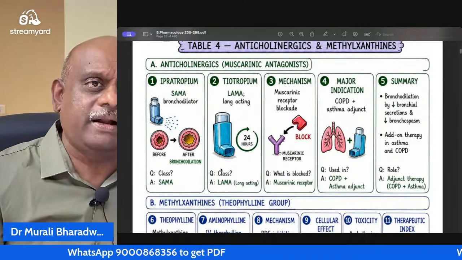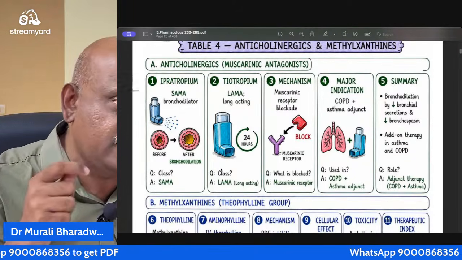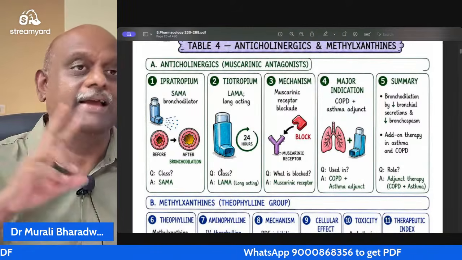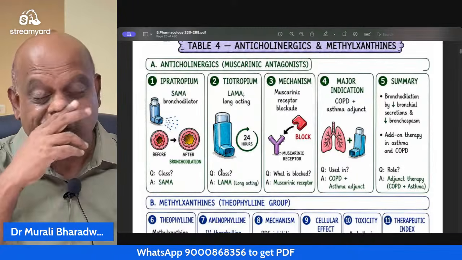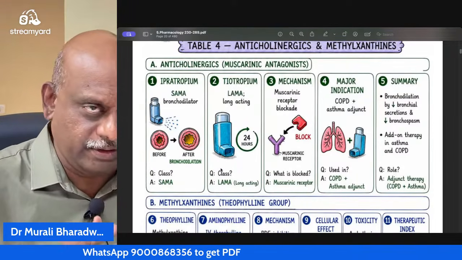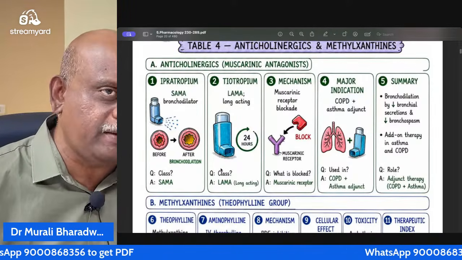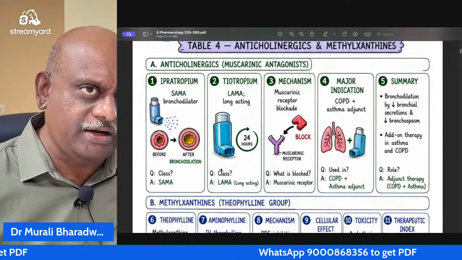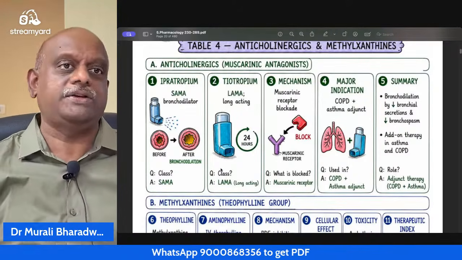That's the reason if the examiner asks, what is the drug of choice for asthma in COPD? It is anticholinergics like ipratropium, because in COPD the main reason is not low adrenergic activity, it is high cholinergic activity. That's what you need to understand.